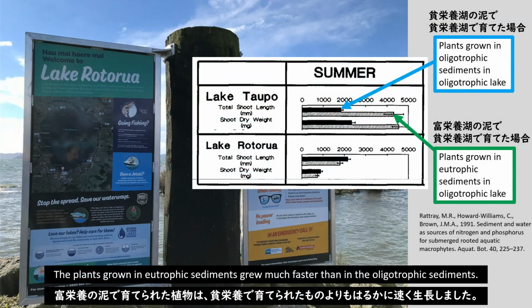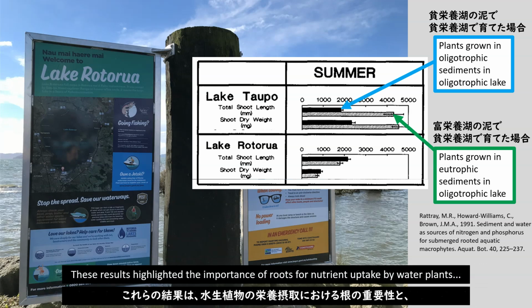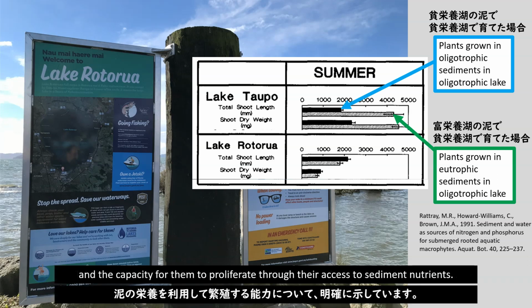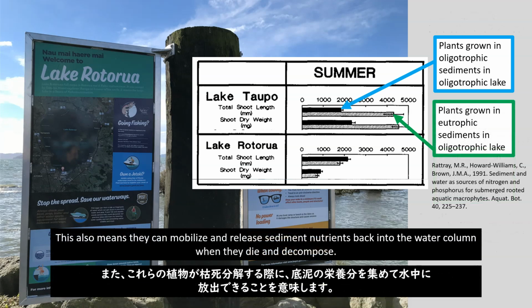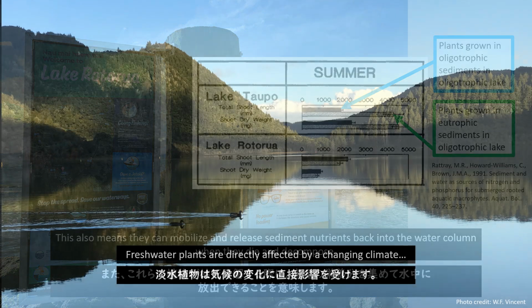The plants grown in eutrophic sediments grew much faster than in the oligotrophic sediments. These results highlighted the importance of roots for nutrient uptake by water plants, and the capacity for these plants to proliferate through their access to sediment nutrients. This also means that water plants can mobilize and release sediment nutrients back into the water column when they die and decompose.